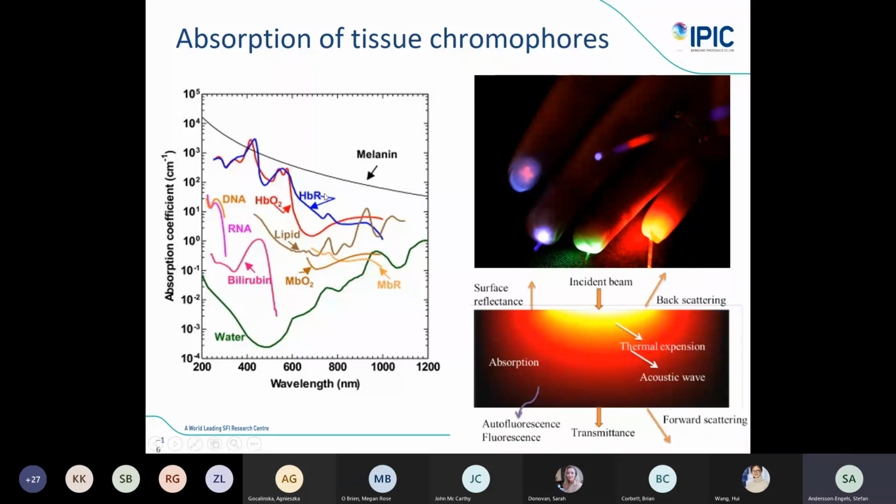And if you look at this graph, you have quite some peaks in the absorption for some molecules. And this is again a log scale. You see that this will be per centimeter. So 10 to the minus 3, that means 10 microns.